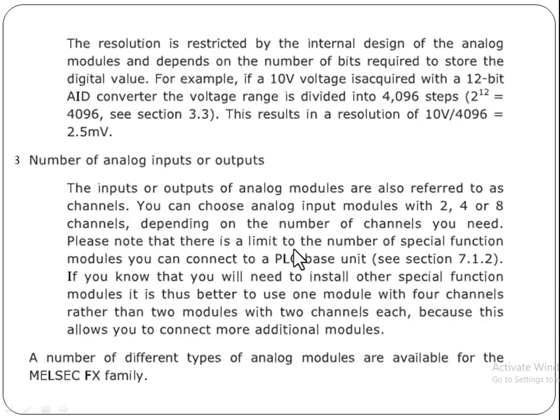Note that there is a limit to the number of special function modules you can connect to a PLC unit. Every PLC unit has a limited number of modules that can be attached, so you can choose the modules based on the limit of your PLC. If you know that you will need to install other special function modules, it is better to use one module with 4 channels rather than 2 modules with 2 channels each, because this allows you to connect more additional modules.